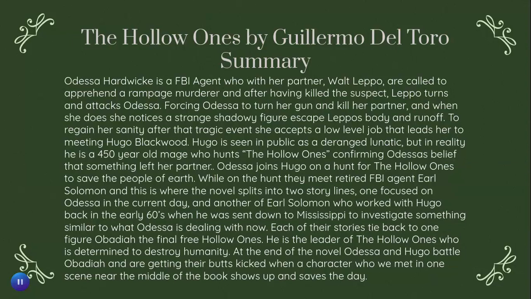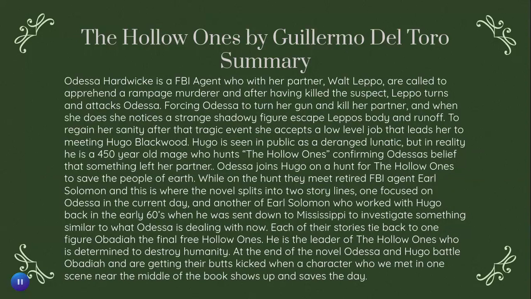This confirms Odessa's belief that she saw something leave her partner's body after he died, because Hugo describes to her that the Hollow Ones are these demonic figures that possess people's bodies and make them kill as many people as they can before they are killed themselves, and they will then leave that host body and go bodyjack another person, and the cycle thus repeats.